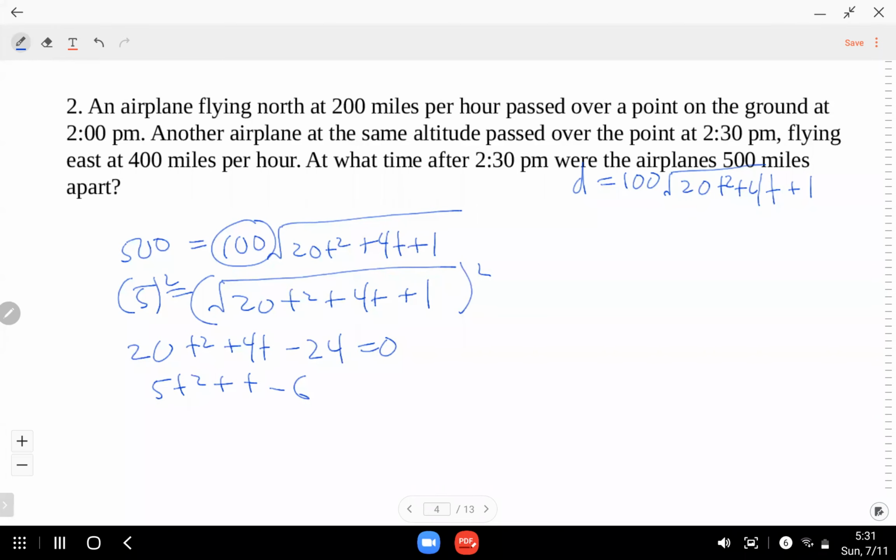The quadratic formula is x equals negative b plus or minus the square root of b squared minus 4ac, over 2a. So let a equal 5, b equals 1.